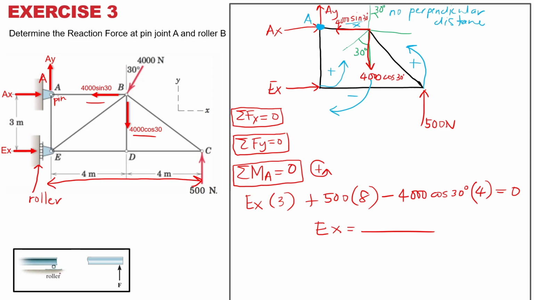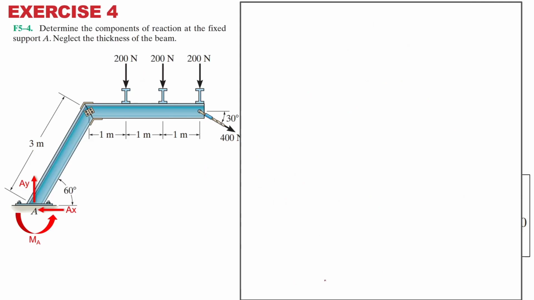You're going to get all the values lah. Okay, for a roller, you have to remember one reaction force, bukan two. Pin yang duanya tu. Dekat pin ada 2 unknown. Okay, you can pause and do it on your own lah.